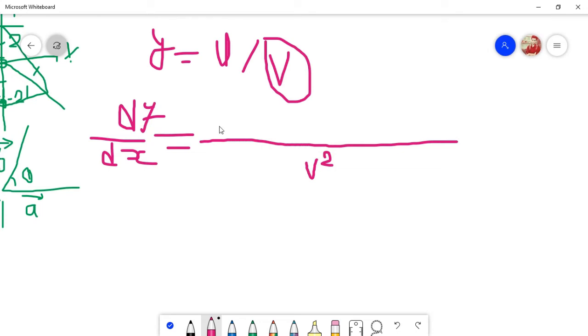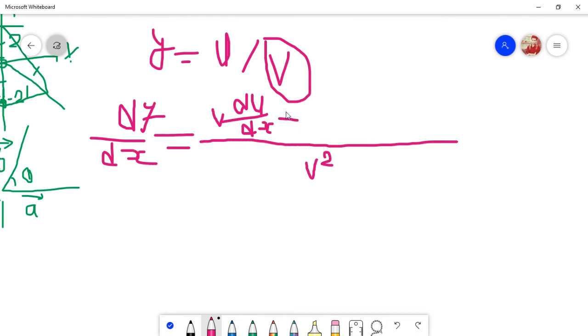Then, in the numerator, find first the derivative of u with respect to x, multiplied by v. For this, u must be a function of x. If it is a function of t, then you have to use t here and here as well.